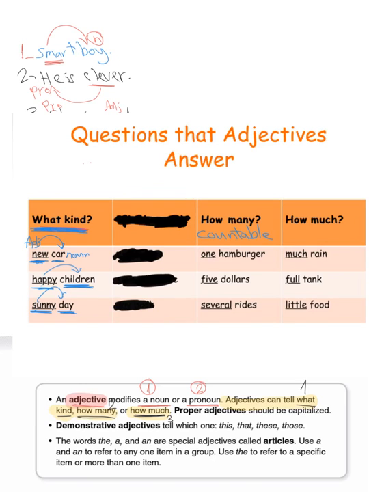Countable nouns means nouns that can be counted. The other question, which is how much, asks about uncountable things. Countable nouns are things that can be counted, and at the same time we can use s after these nouns, like here we have one hamburger.